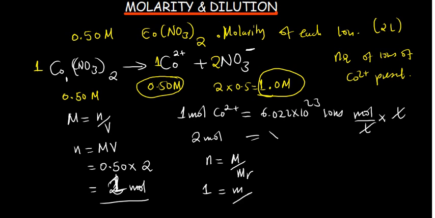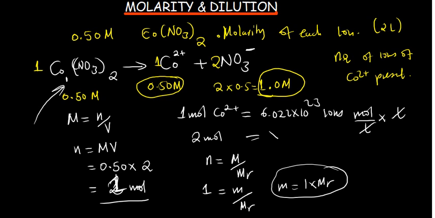Molar mass for cobalt is easily determined from the periodic table. So therefore the mass will simply be 1 multiplied by the molar mass, which is on the periodic table. Using this, you would have found the mass of the cobalt 2 plus ions which are present in the solution. So this is how you are able to work out calculations on molarity.